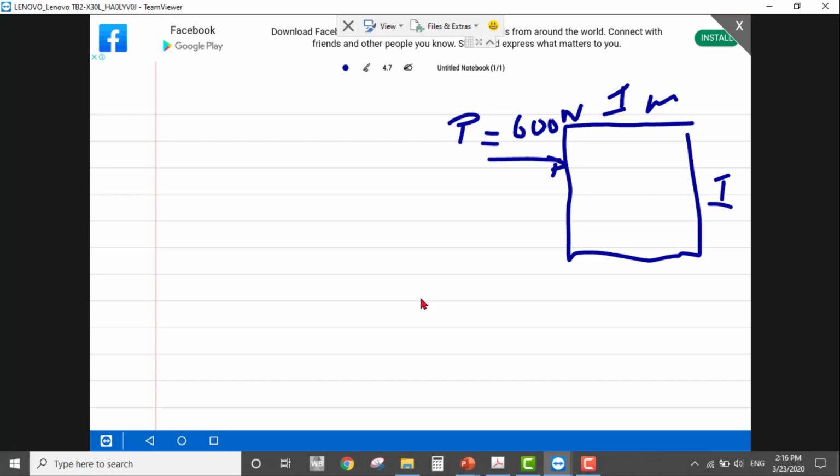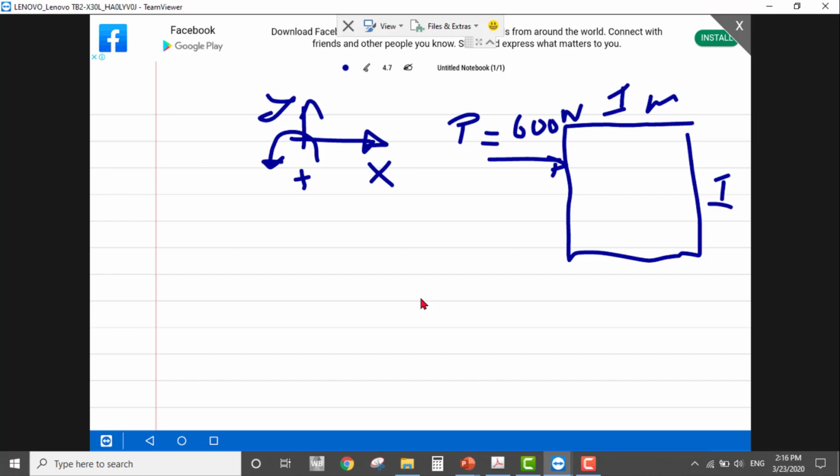Now first thing that we have to do is to determine the positive direction for our coordinate system. So I will choose XY coordinate system, okay, and here is the positive rotation.